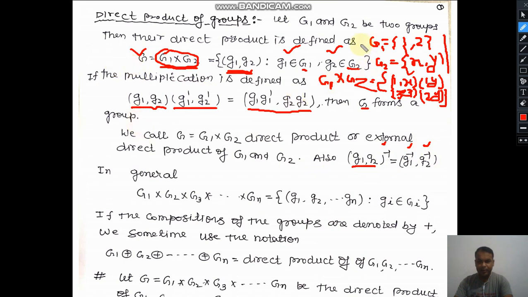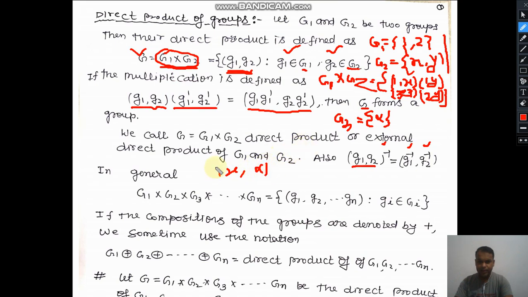Suppose we have three groups G1, G2 and G3. Let us suppose I have one more group G3 having some elements. Here I am writing only a single element due to space problems. Let us suppose this is alpha. Then what will be the way to write all possible ordered pairs? You will associate 1 with X, and from the third group you will write alpha.